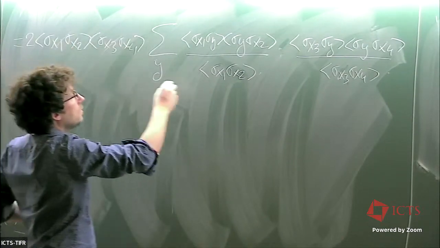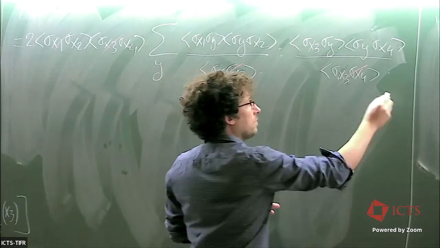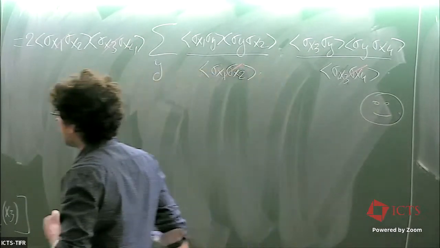And now you just simplify and you get what you want. Okay? So the tree diagram bound you obtain from the equality there by decoupling the two currents, and this requires a tiny bit of work. And then you just bound the probability of intersection by the expected number of intersections. Good.